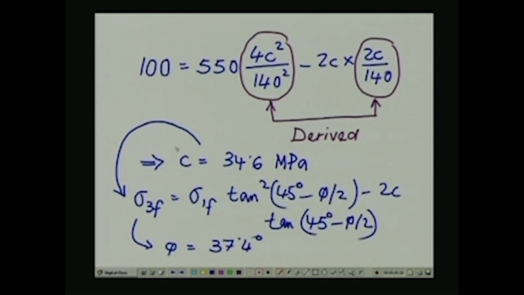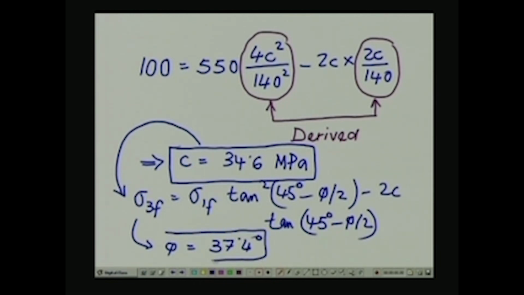So these are the results then: C is 34.6 MPa, and phi in this particular case is equal to 37.4 degrees. Here we made use of one unconfined compression test and one triaxial test for getting the strength parameters of interest.